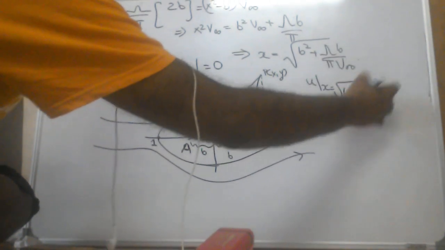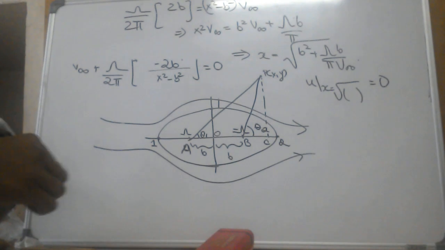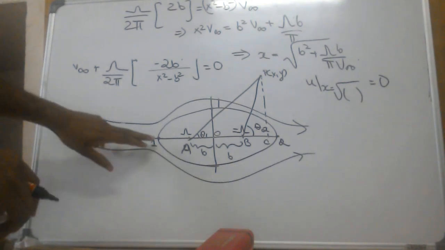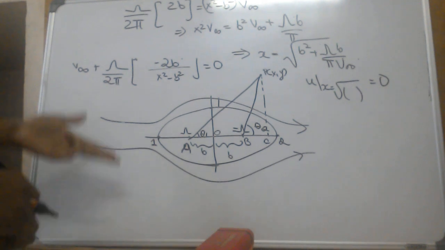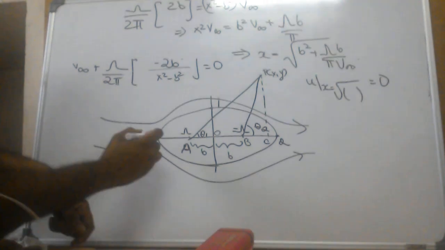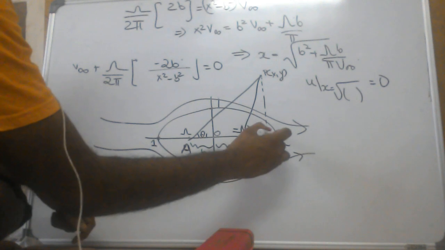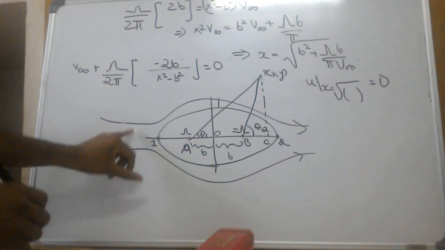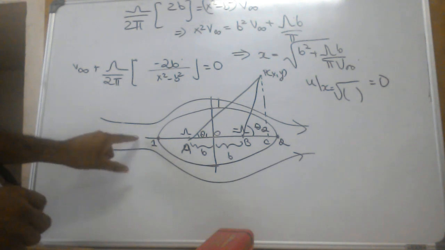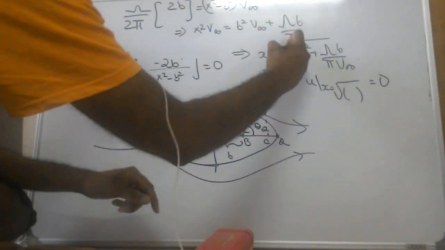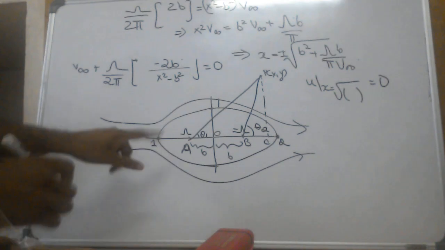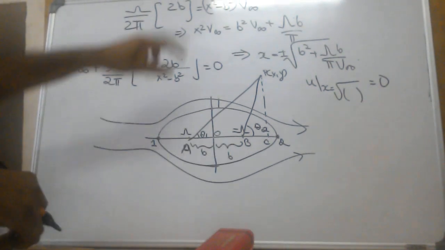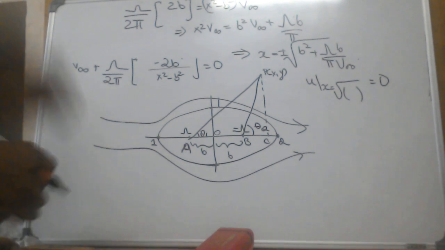At this point the u velocity goes to 0, and we already know from symmetry that for y equal to 0, the v component also goes to 0. So at these 2 points 1 and 2, I missed a plus or minus here. So it basically means that I have 2 points 1 and 2 at which the u velocity and the v velocity go to 0.